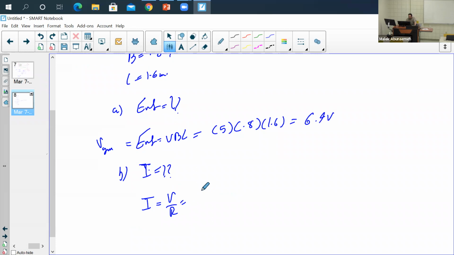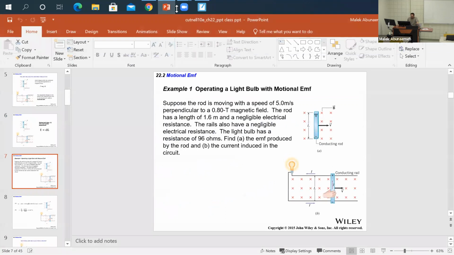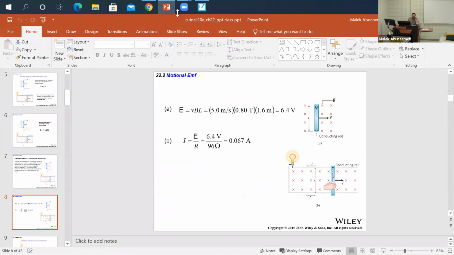So this is going to be 6.4 divided by your resistance, which is 96 ohms. 6.4 divided by 96 will be 0.067 amps. And yep, that's exactly what we got.